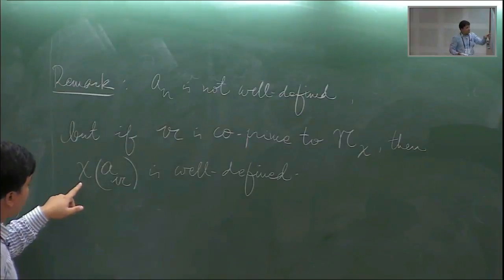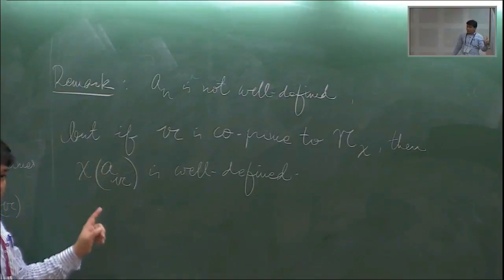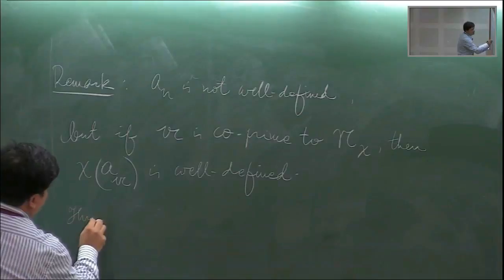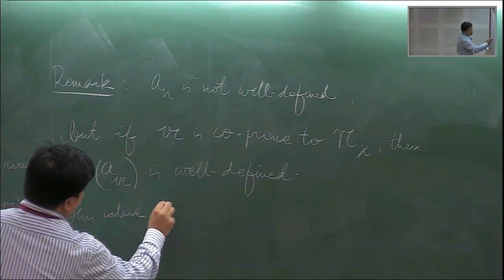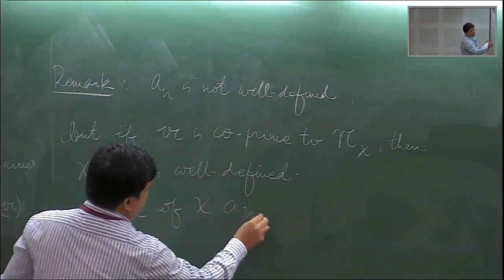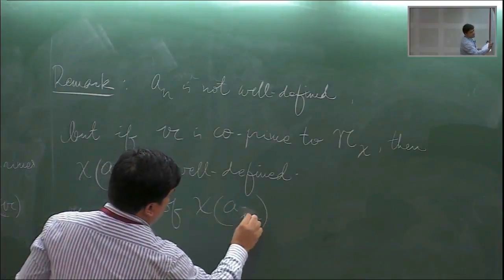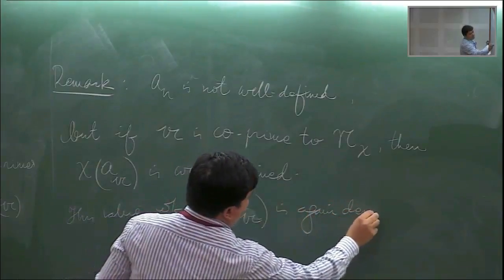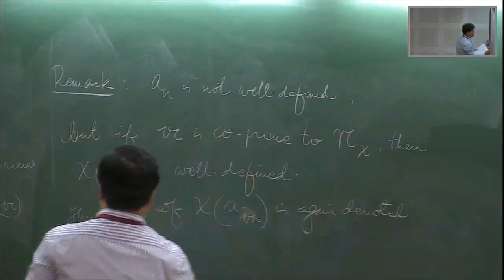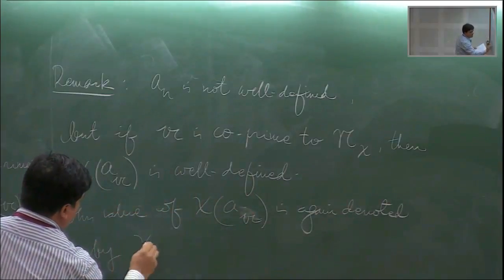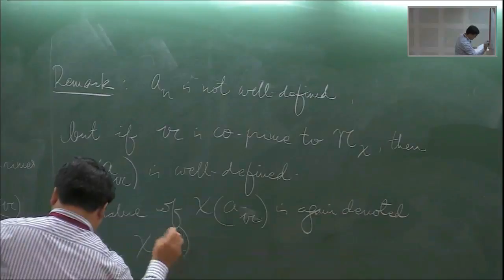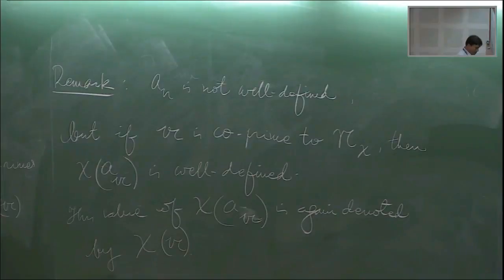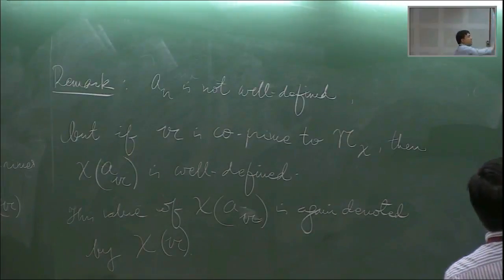So this value of chi on alpha A, we again denote it by chi of A. Okay, and now we are almost done defining Hecke characters.